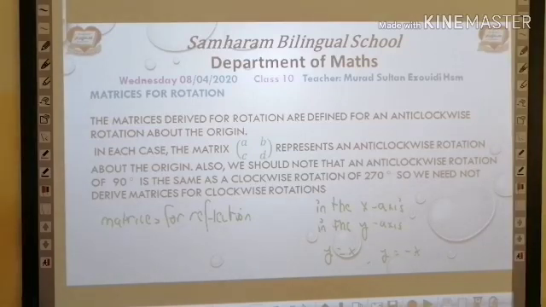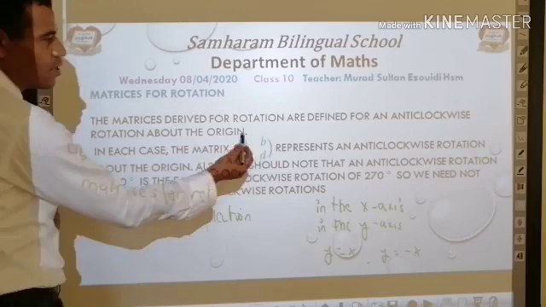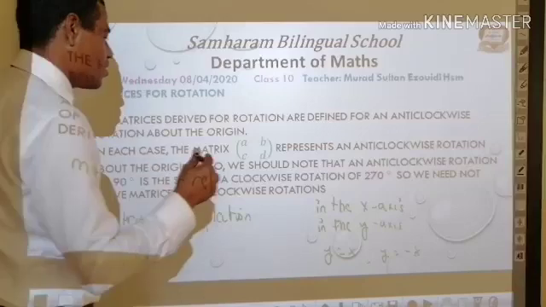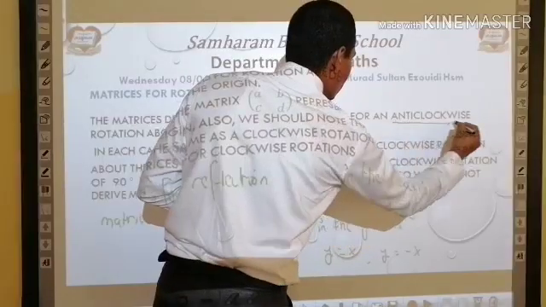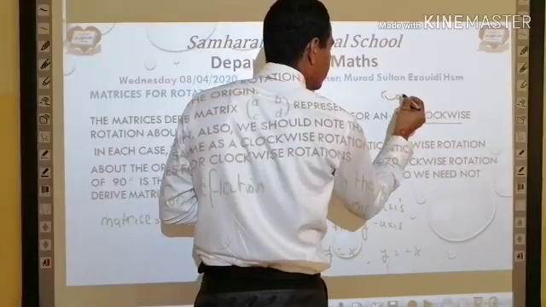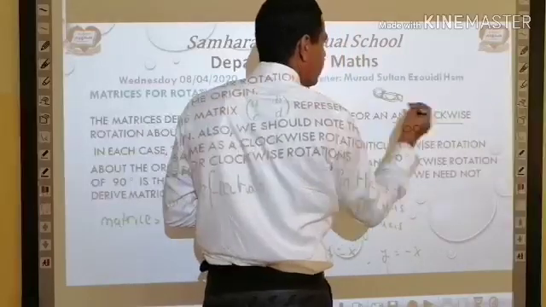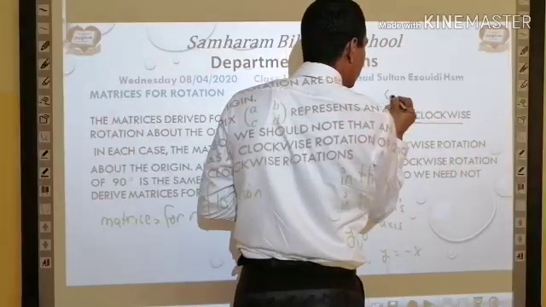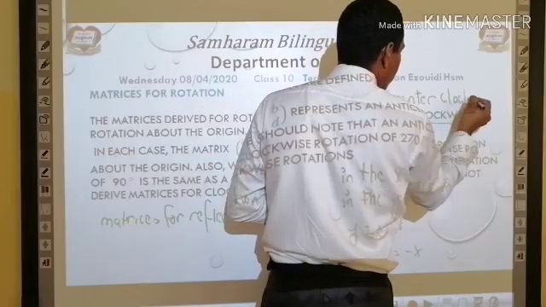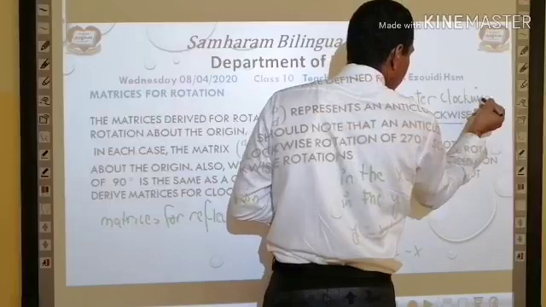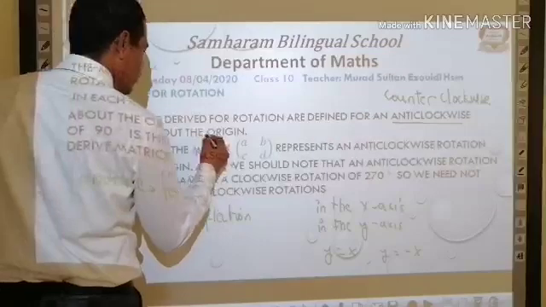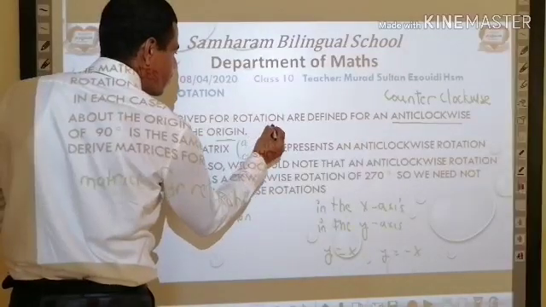The matrices derived for rotation are defined for an anti-clockwise rotation about the origin of coordinates. The origin is (0, 0).